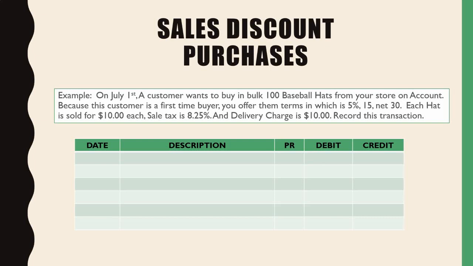Okay, so here's also one thing that we need to know: we are now introducing allowing our customers to pay on an account. So therefore, we're going to have an accounts receivable, right? We are charging our customers for what they owe me. Now, an accounts receivable is not a liability.